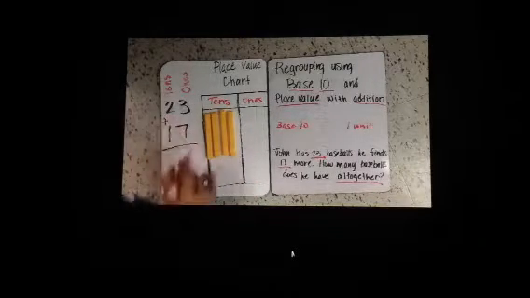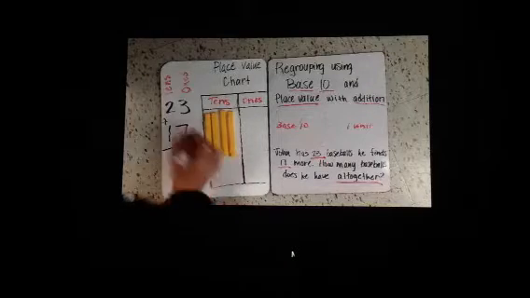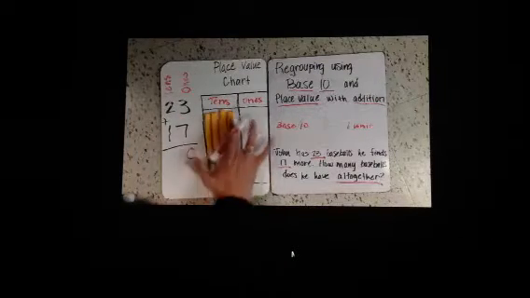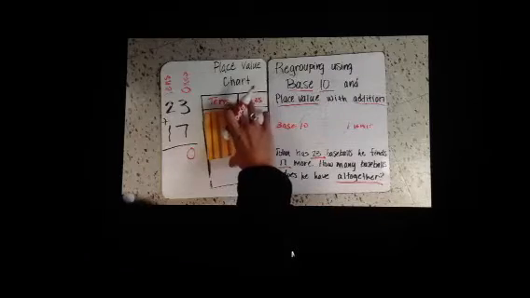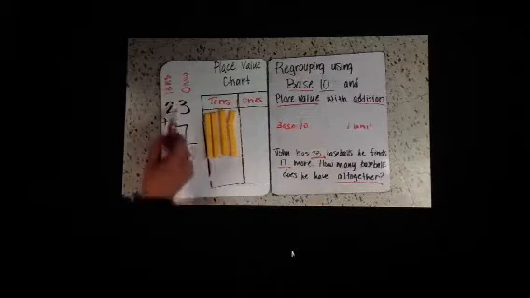Seven plus 3 more is 10. So we add these units together to make 1 base 10.